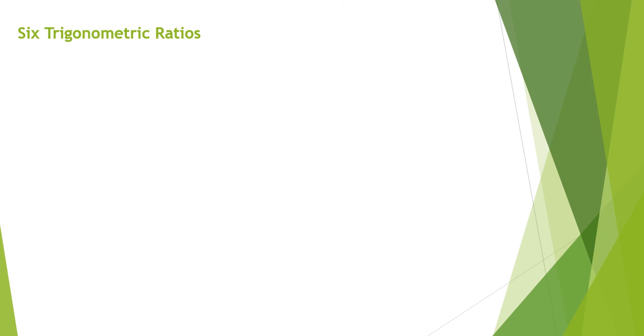If you don't want to use the reciprocals of the basic trigonometric ratios, I will give you another way on how to solve the other three trigonometric ratios. So I'm giving you now another mnemonic, which is CHO, SHA, CAO.